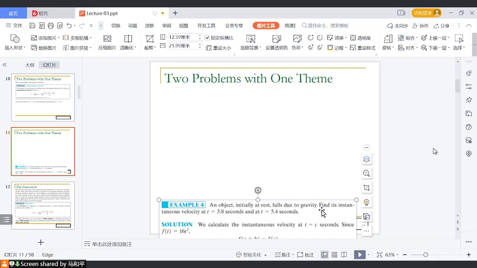So it's 16 times 3.8 squared, right? This is 16 times 3.8 squared.